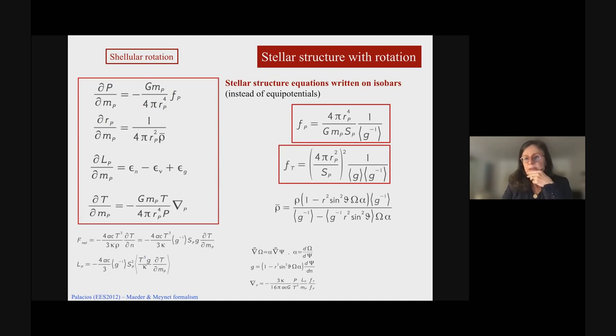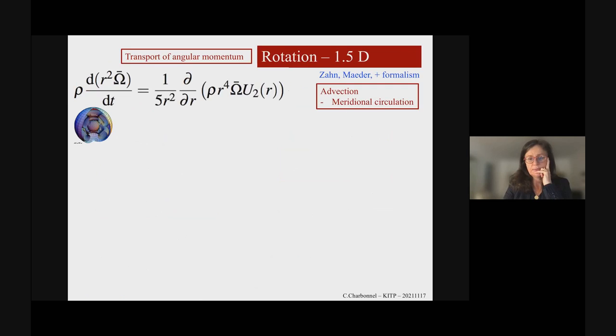I won't spend too much time on these equations, but when you consider rotation in your models, you have to modify the stellar structure equations to write them on isobars instead of equipotentials. Now, if we focus on the transport of chemicals and angular momentum, both are totally connected, as you saw in this global scheme. You cannot treat rotation-induced mixing without treating the transport of angular momentum.